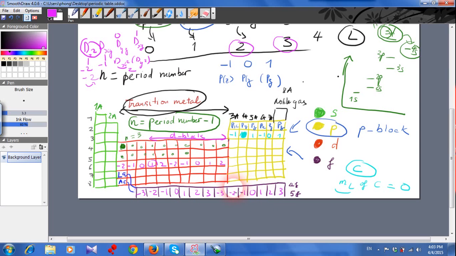And again if you have an element in this position, ML will be 2, and that's it.